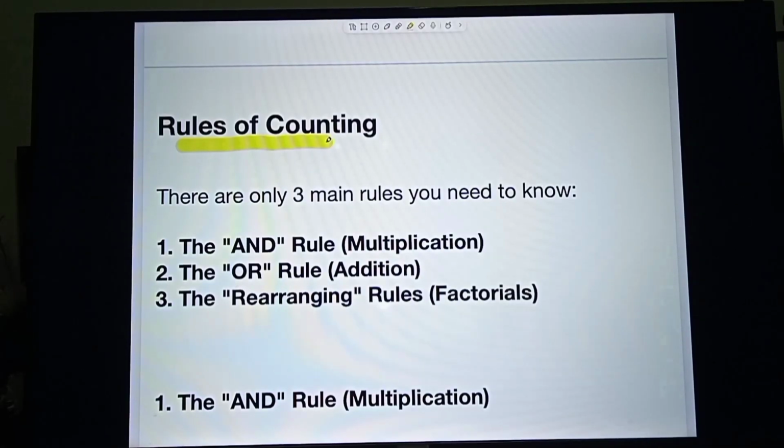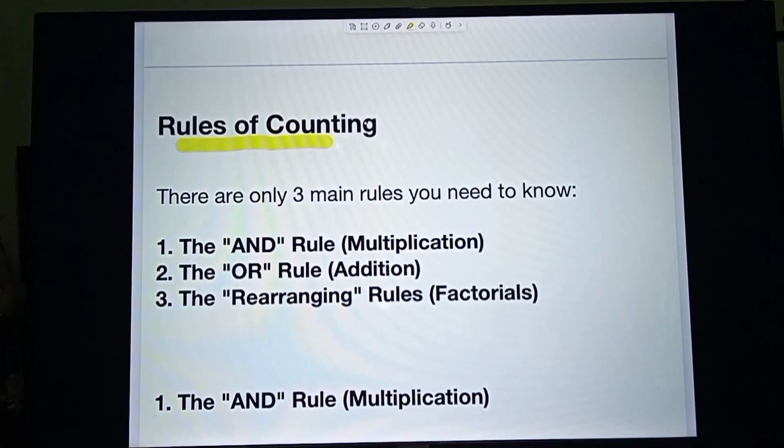Instead of writing every possibility one by one, these rules help us count quickly and accurately. By the end of this lecture, you will be able to solve many practical problems involving choices, selections, and arrangements.